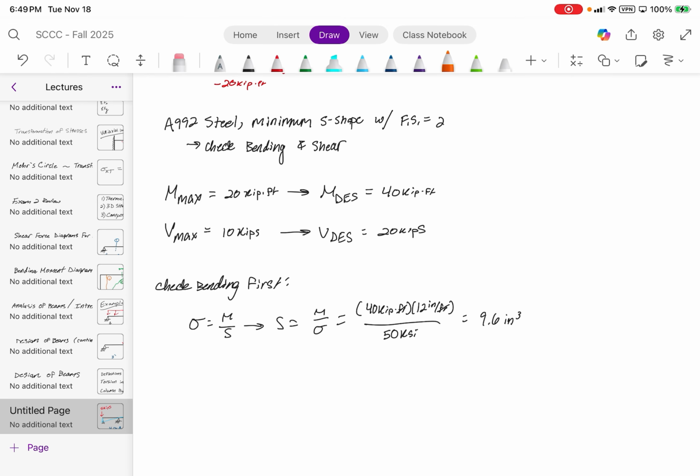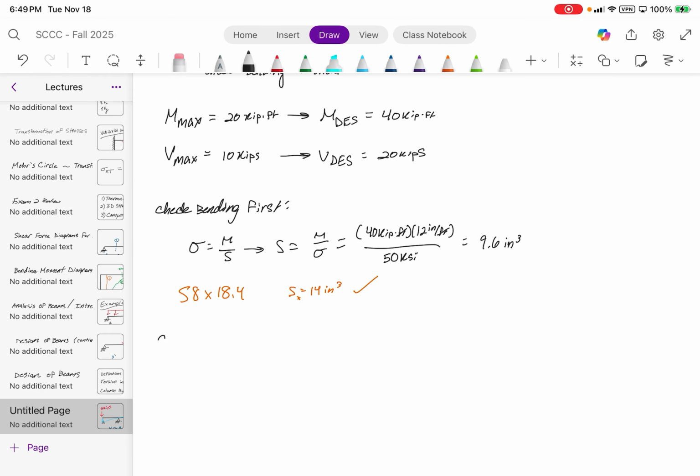S8 by 18.4. Is that the lightest shape? It is? All right. What was the section modulus for it? Yep, that works.